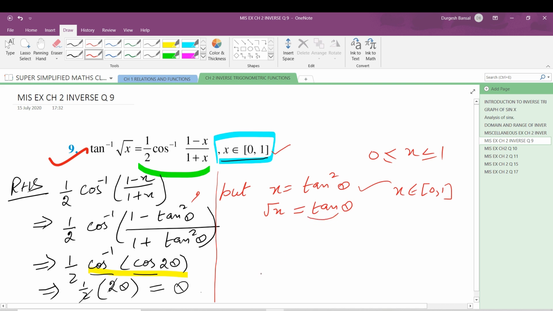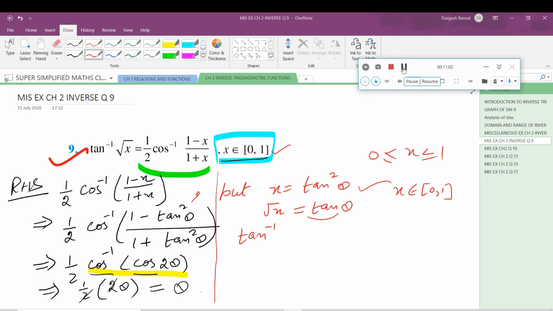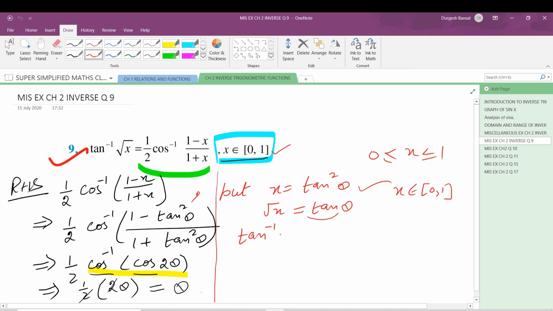Now you transpose this tan function to the LHS. So tan function becomes tan inverse function. And we get tan inverse root x is equal to theta. If root x is tan theta, then tan, if it acts on the LHS, will become tan inverse of root x is theta.